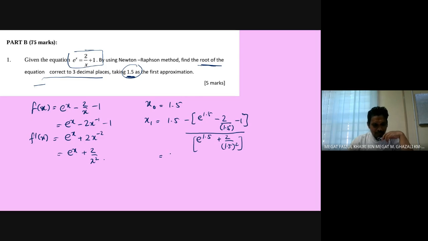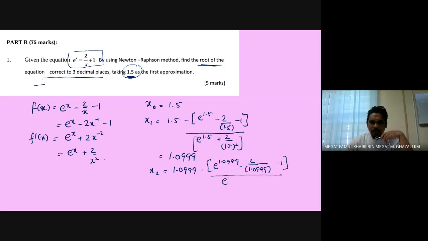Okay, never mind, I'll give you 1.0999. Okay, so then x2 equals 1.0999 minus e to the power of 1.0999 minus 2 divided by 1.0999, and then minus 1 divided by e to the power of 1.0999 plus 2 divided by 1.0999.